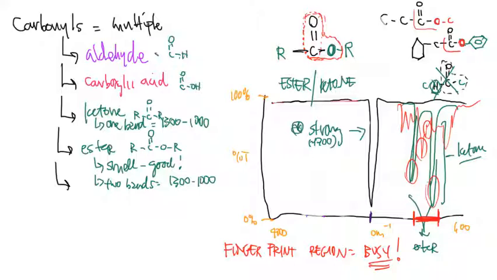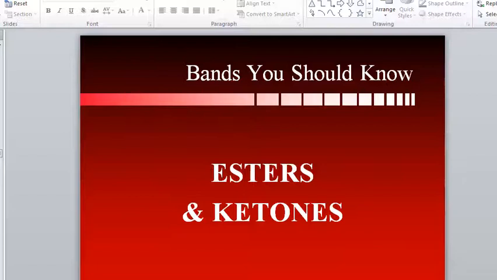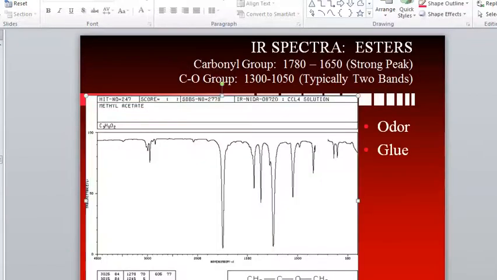So go then, third, to this area of 1300 to 1000 and look for one or two major peaks. And if you see one or two major peaks that are there, then it probably is an ester or a ketone. So let me show you how tricky these things could be if I wanted to make them that way.